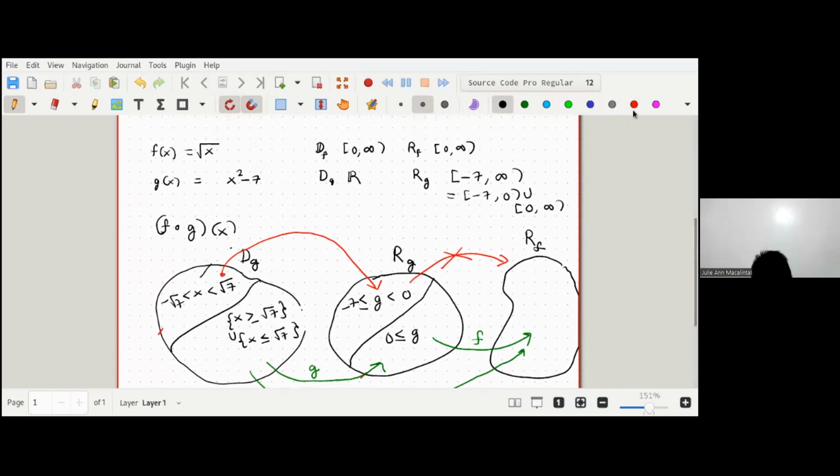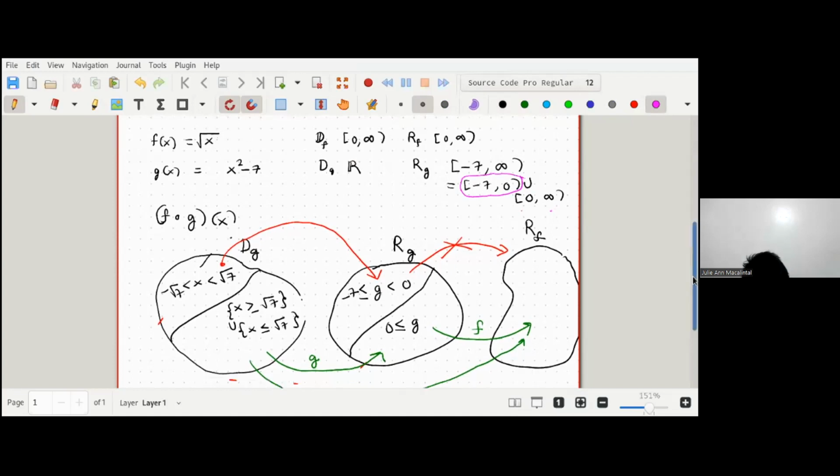Tapos, itong part ng range ng g, hindi siya tatanggapin ng f. Kaya iiwan lang ito. And yung 0 to infinity, that's the domain of f of x. And it carries us to 0 to infinity.